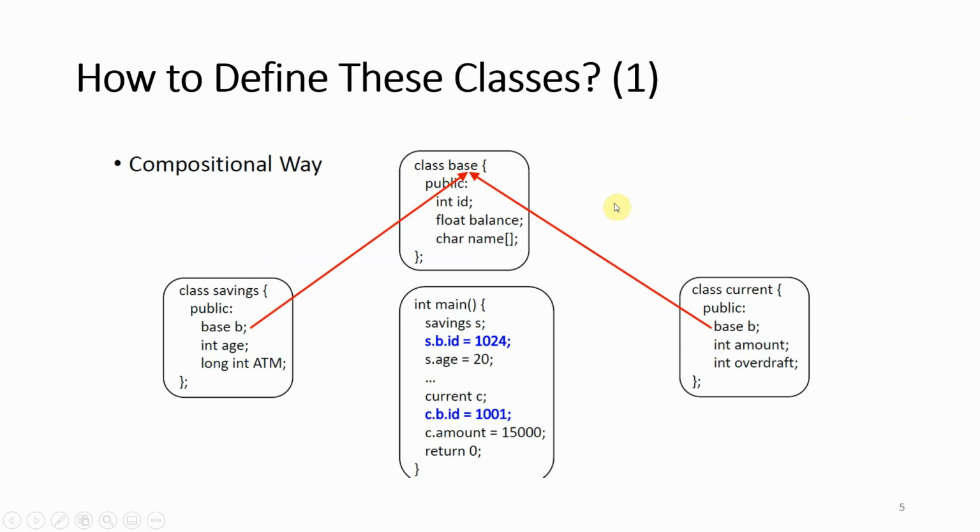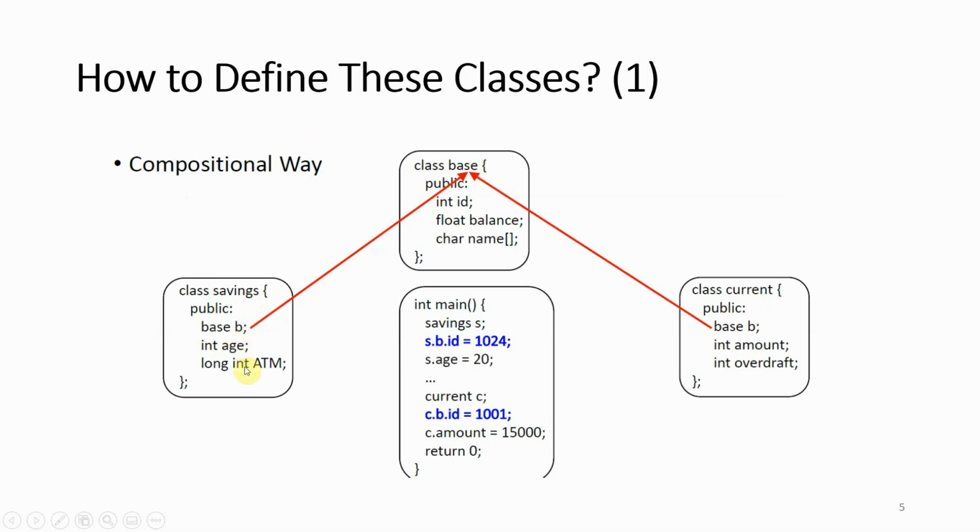One way of defining the savings and checking or current account, so that it would have all the ID, balance, and name member variables of the base, would be to have a member variable of type base in the savings or checking class. This is not inheritance. This is called the compositional way.